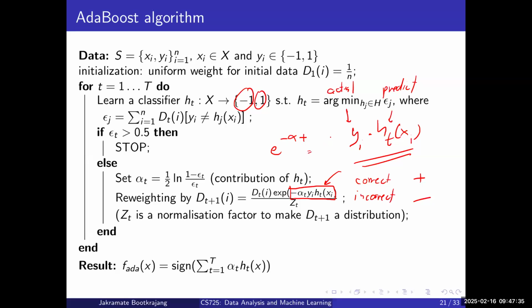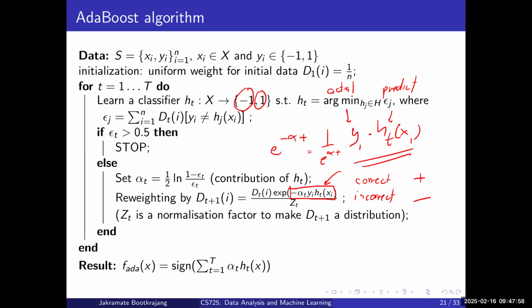And this is going to be like 1 over e to the alpha, and this one is going to be less than 1.